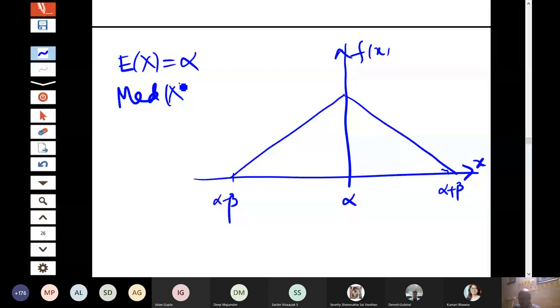Those things you can easily find out from here. What about the variance? What is the variance?